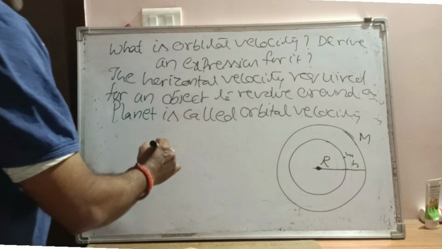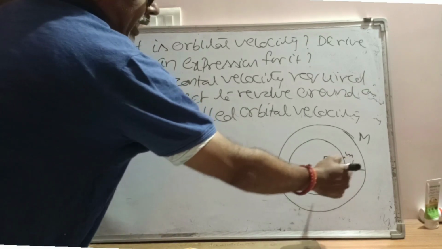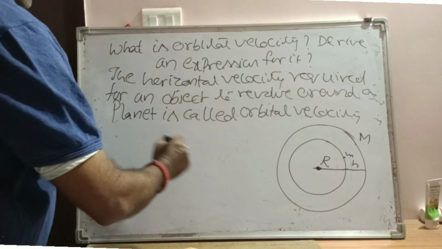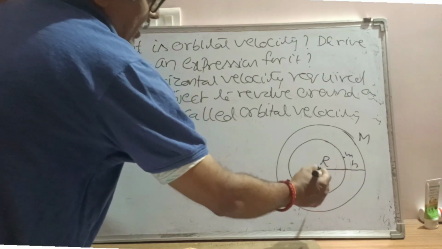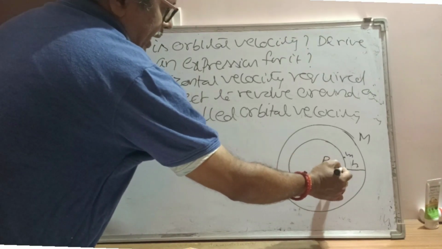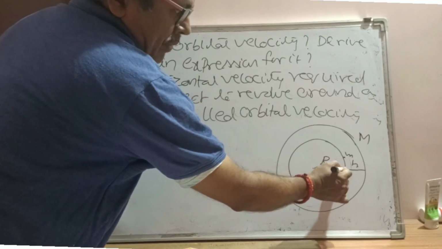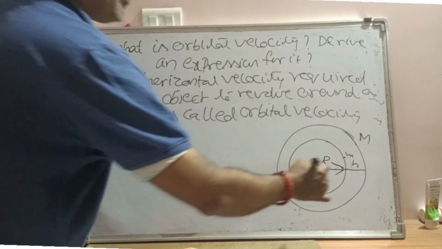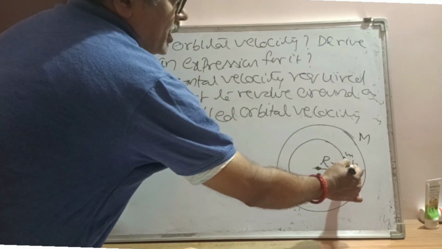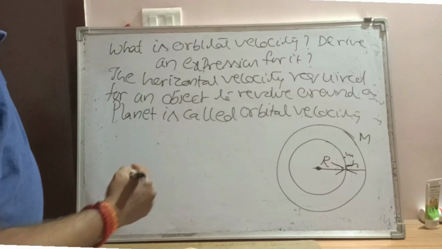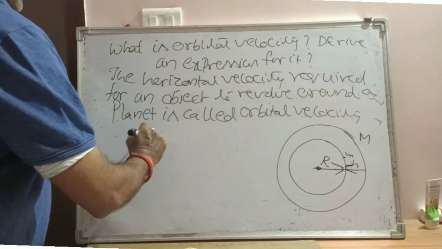Here, what are the forces acting between the planet and the object? Here the centrifugal force is acting away from the center of the planet and gravitational force is acting between the object and the planet.